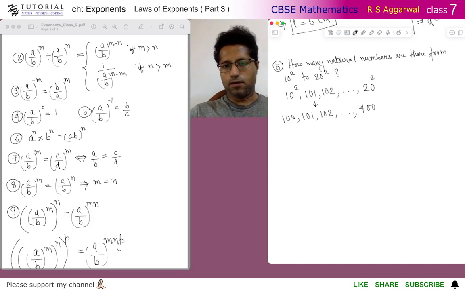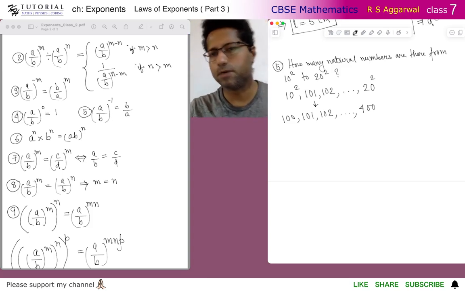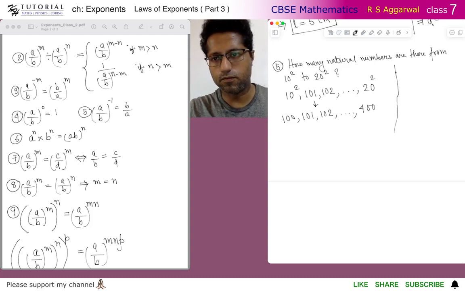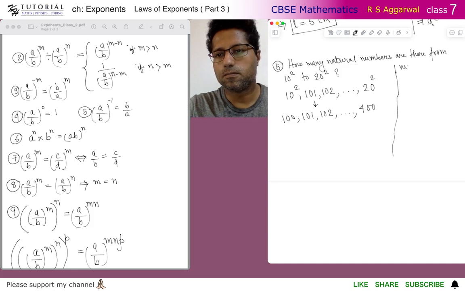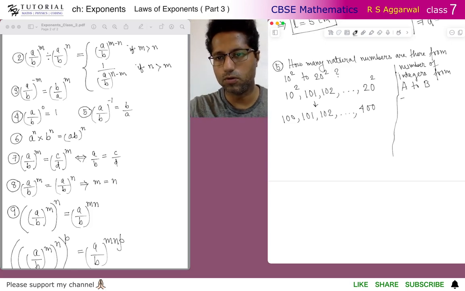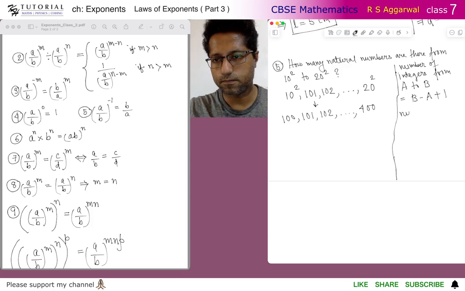Now there is a side formula for how many integers there are. The number of integers from A to B, where A and B are integers, is equal to B minus A plus 1. You should remember this formula.